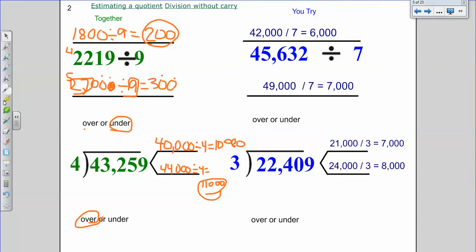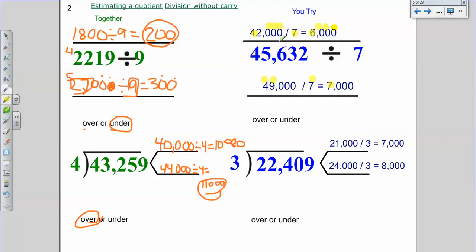All right, let's finish these problems up. My low end estimate is going to be 42,000 divided by 7, and that's going to be 42 divided by 7 is 6. 1, 2, 3 zeros, so I got 6,000. High end estimation, 7 times 7 is 49, so I'm going to have 49 divided by 7, which equals 7, and that's going to be 7,000.